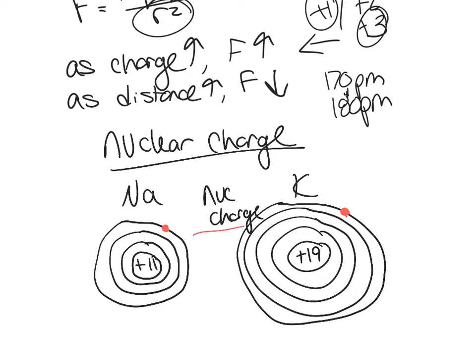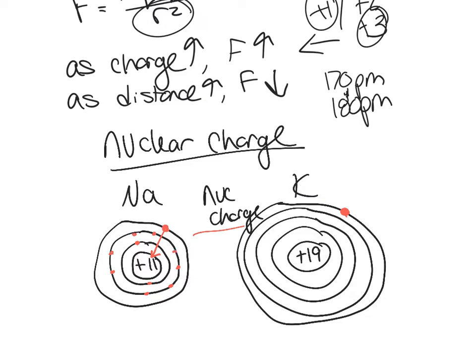But the difference here is that there are a lot of forces acting on that valence electron. This valence electron is pulled in by that nucleus, okay? But you have to remember that there are 10 other electrons here. And I'm going to draw them. So those are those other electrons.